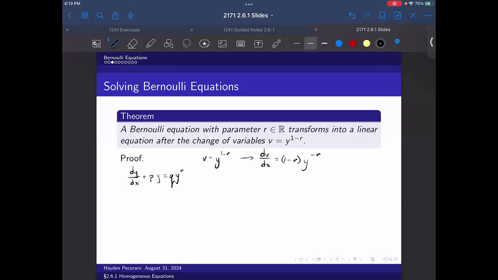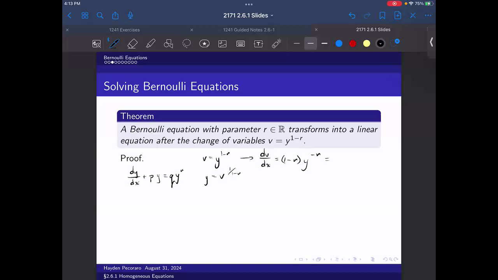It's just the power rule there. All right, so there's our dv/dx. And then we have y equals v to the 1 over 1 minus r.